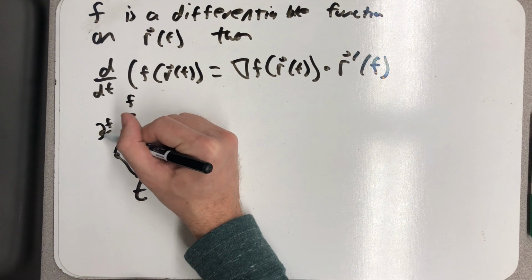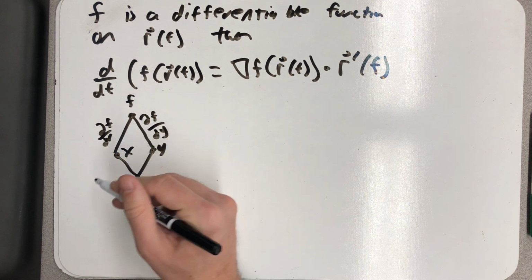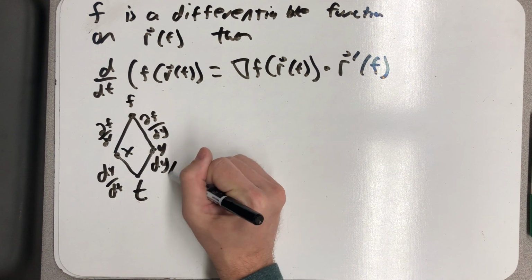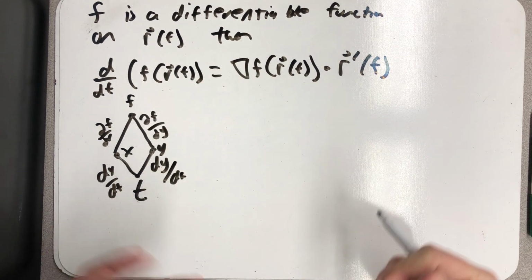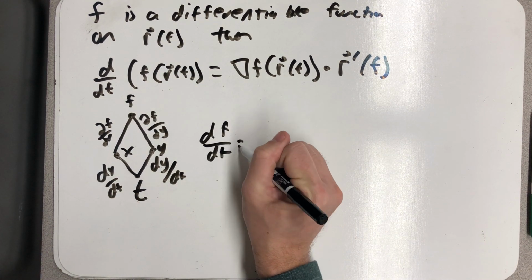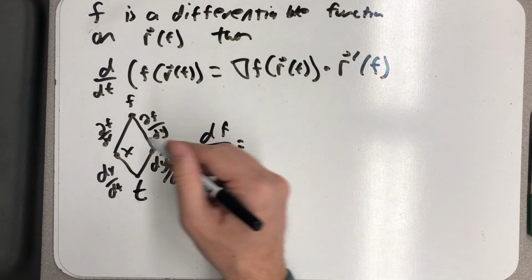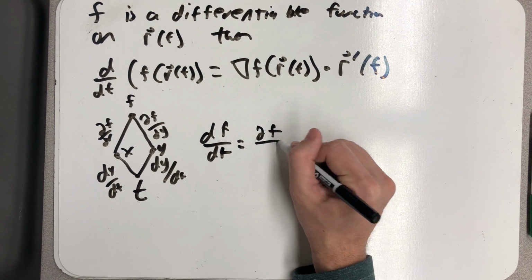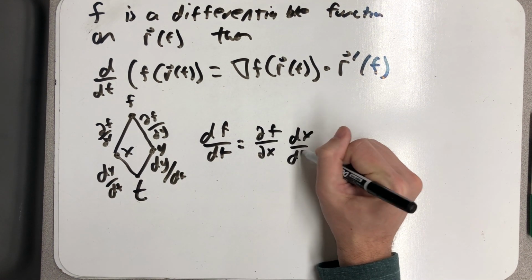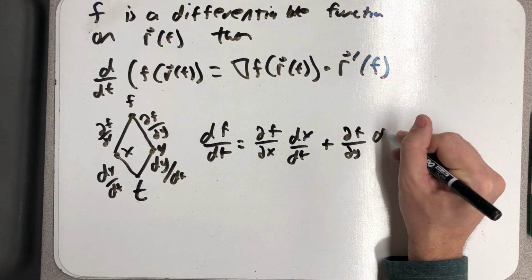Well, then the chain rule, using this dependency diagram, and I'm just doing this for two variables, but you can imagine all the other rows, gives me df dt along this path, exactly what I have here. The derivative of f with respect to t along that path is the partial of f with respect to x times dx dt plus the partial of f with respect to y times dy dt.